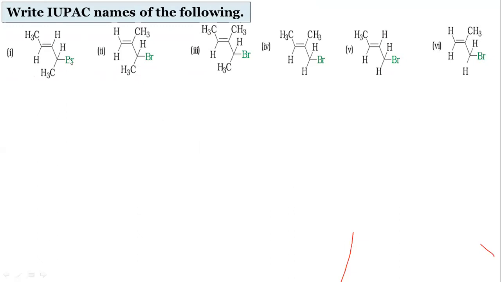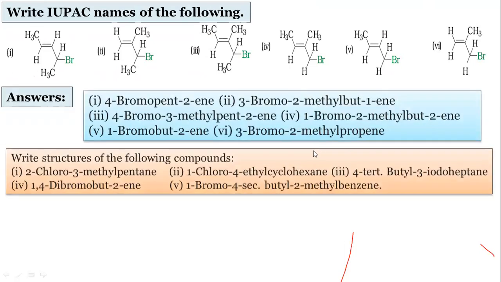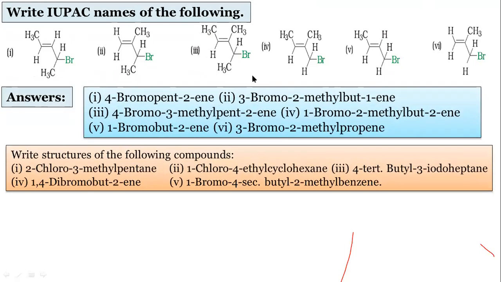Okay. So write the IUPAC names of the following. This is also given for your homework. The answers are also given. If you have any doubt, you can call me after the lecture is completed, when we complete this homework.